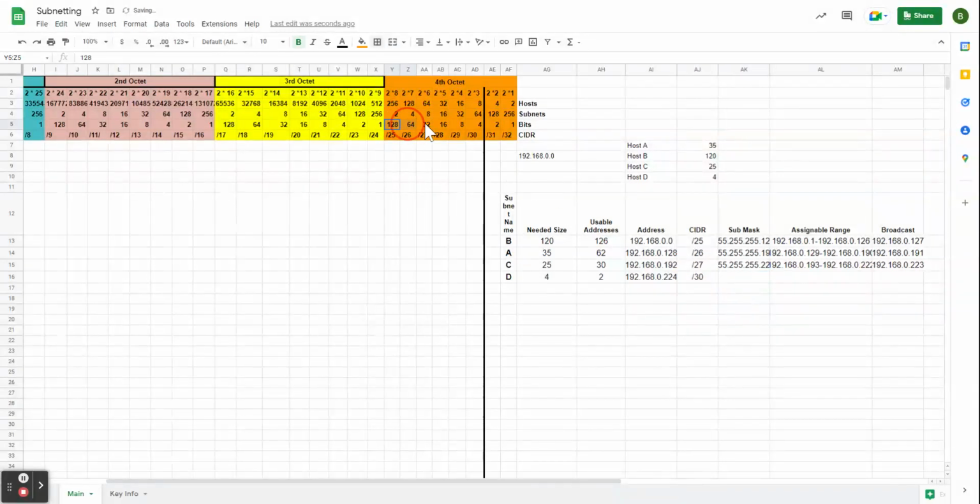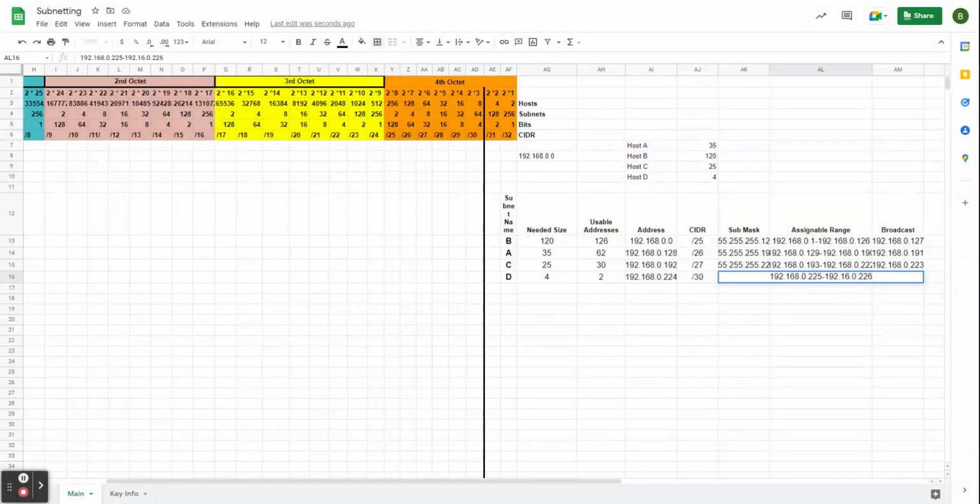Subnet mask, I'm adding these numbers together. So it's 252 at the end. It's 192.168.0.225 to 192.168.0.226.